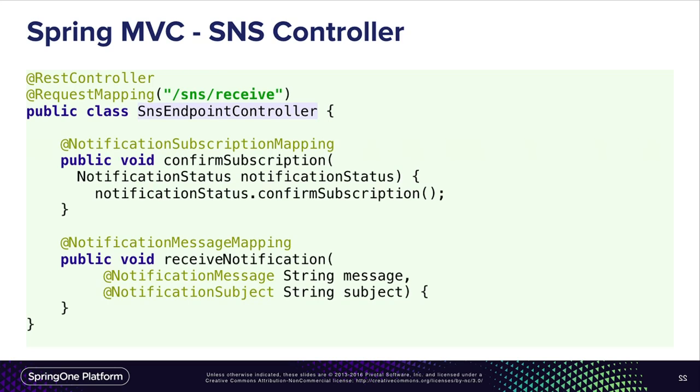We provide support for the Spring MVC programming model. So I have an @NotificationMessageMapping, which basically means whenever a new notification arrives, please call this method. There is a subscription mapping, which is called once, basically for the notification service to ensure that this subscription is valid.